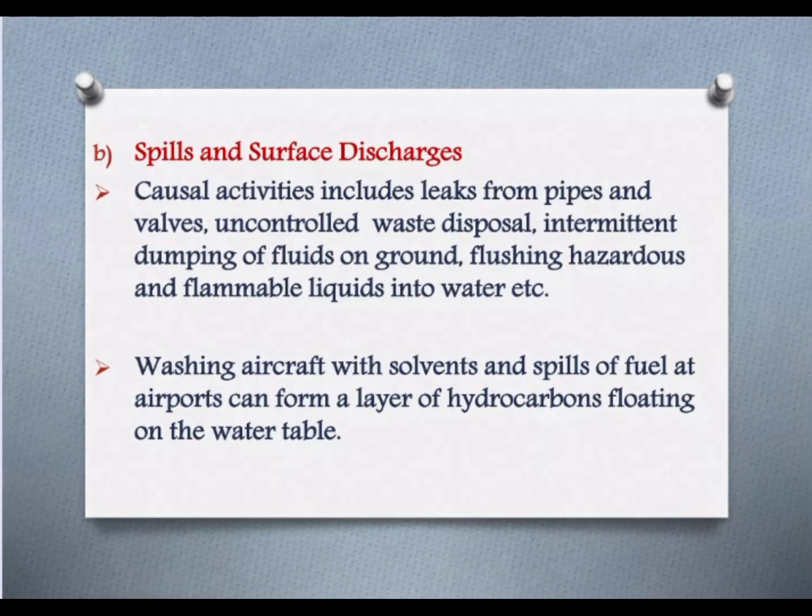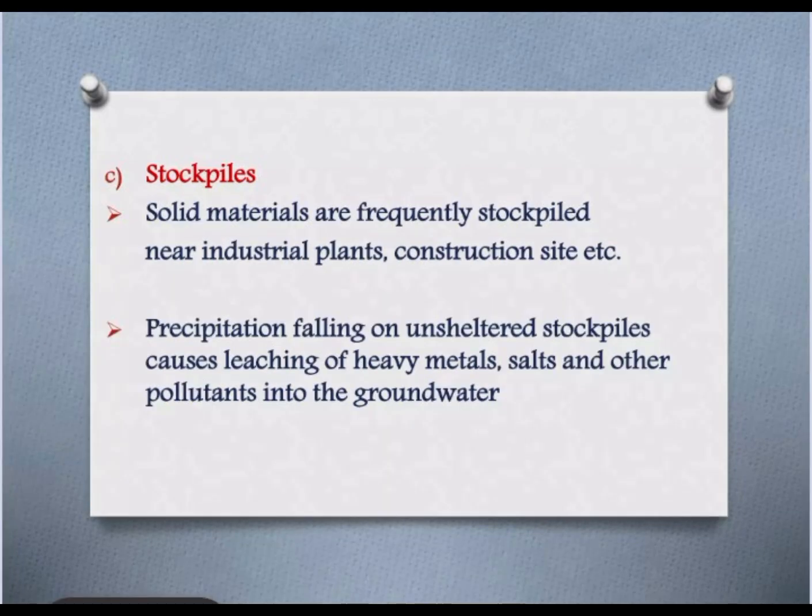Next is spills and surface discharge. Casual activities include leaks from pipes and valves, uncontrolled waste disposal, intermittent dumping of oils on the ground, and flushing hazardous and flammable liquids into water. The third one is stockpiles.